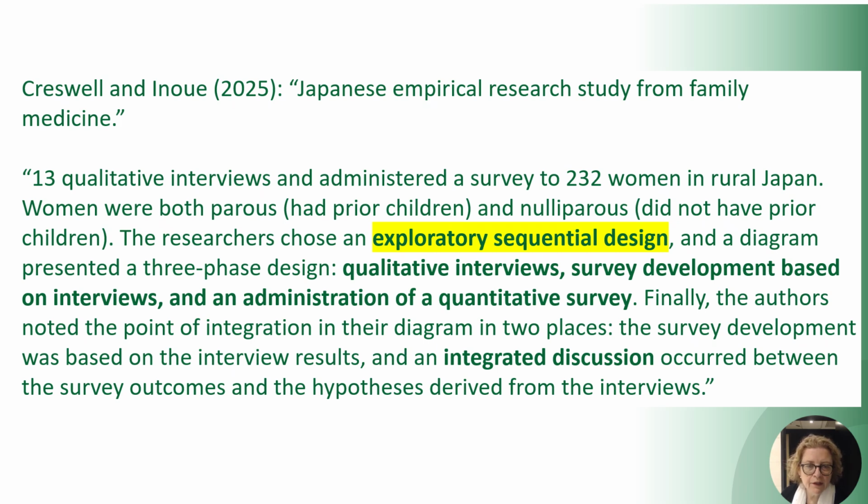And they categorized women who had children or who didn't have children, and they had an exploratory sequential design in this case, showing the interviews, the survey, and how they administered a quantitative survey, and then integrated this together.